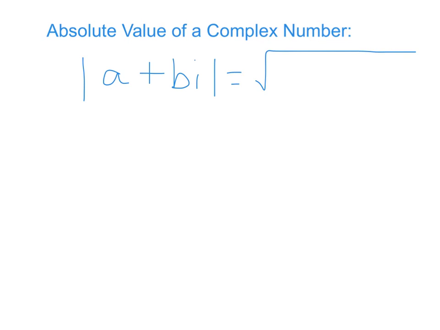So we're actually going to be using the Pythagorean theorem where we use the real part and the imaginary part. If you would like more explanation on that, don't be afraid to turn back to your book on page 489, and they show you a graph of that point a plus bi being plotted and the distance from the origin to that point using our Pythagorean theorem.